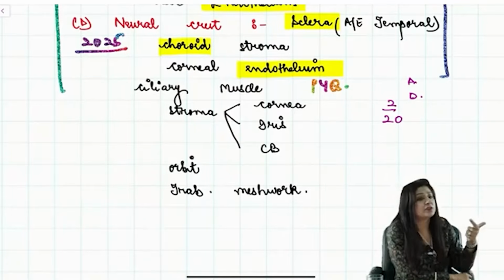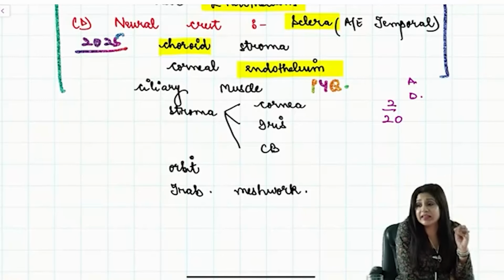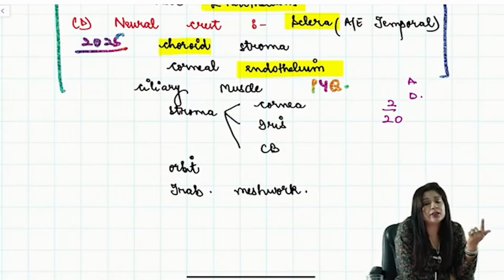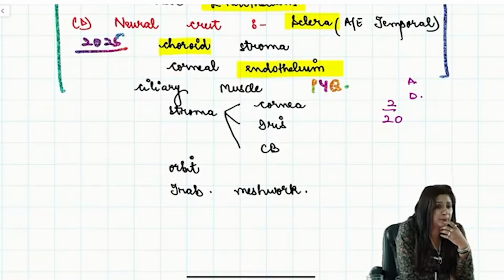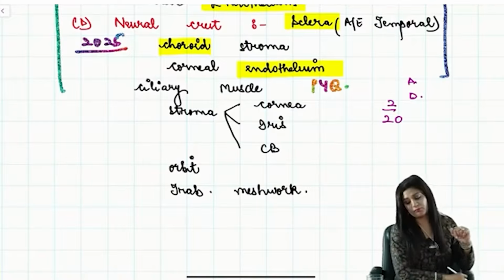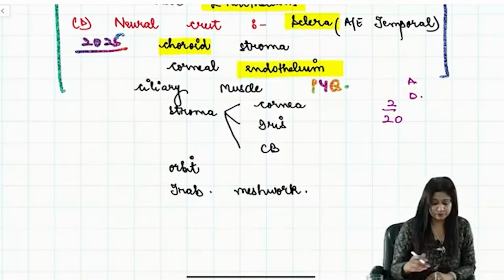Then stroma portion of cornea, iris, ciliary body, all are coming from neural crest. Orbit, trabecular meshwork you will study in glaucoma. It is the sieve-like meshwork through which the aqueous humor drainage takes place. That is also coming from neural crest. Is that clear? I have repeated the neural crest portion, right?